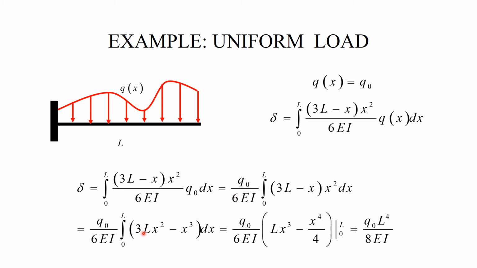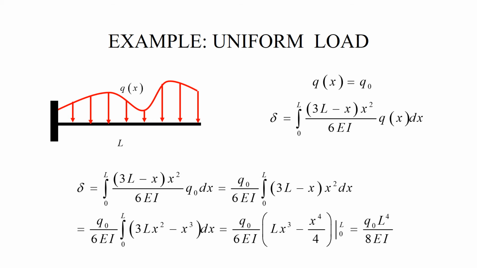So I expand this parenthesis, and then I integrate term by term, and at the end I obtain this expression. This expression is actually the first table entry for the cantilever beam, which says that the displacement of the tip due to a uniformly distributed load q naught is given by q naught L to the 4 over 8EI. So this confirms our integral expression.